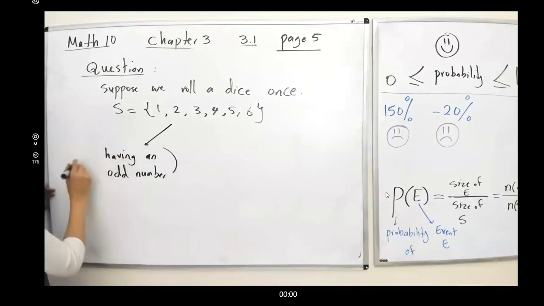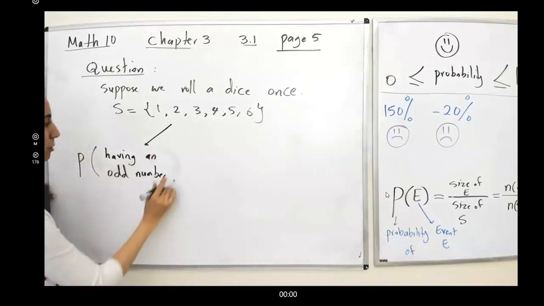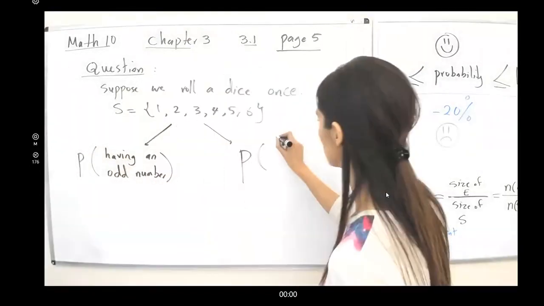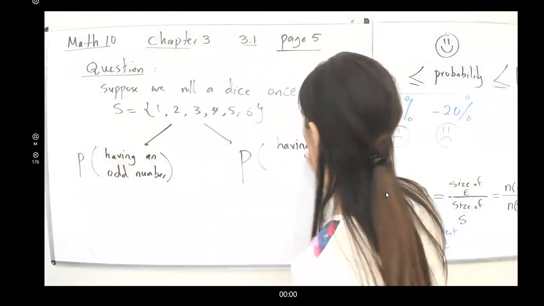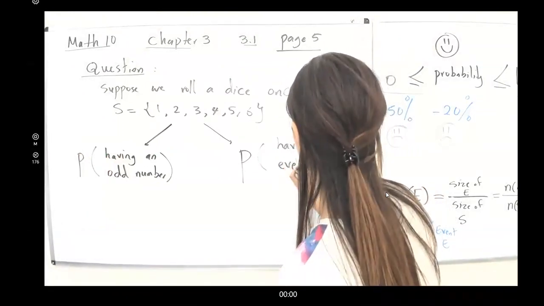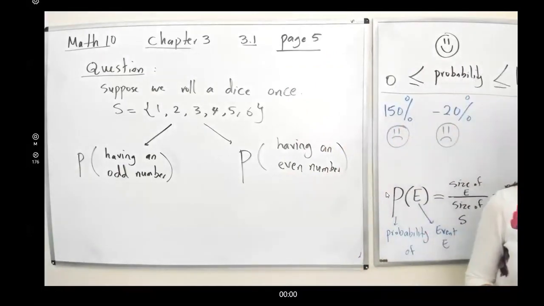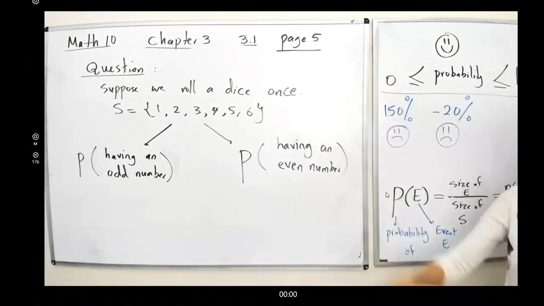Also, I ask you to find the probability of having an even number. So having an odd number can be 1, 3, or 5. An even number can be 2, 4, or 6 itself.